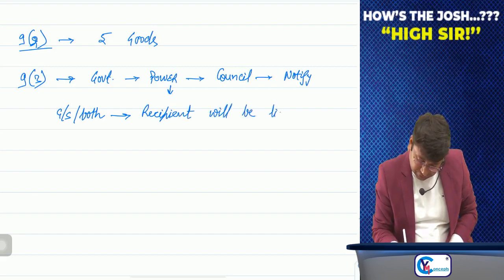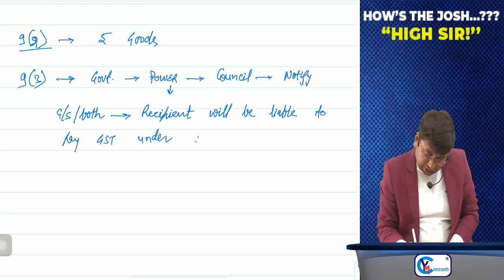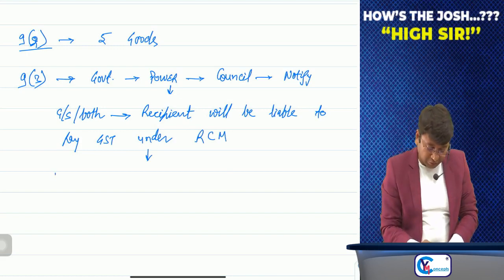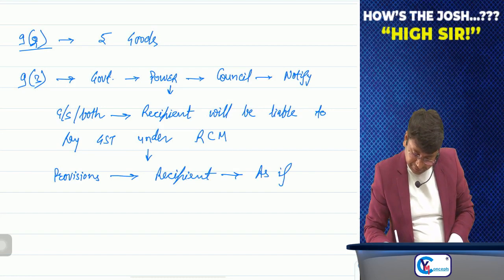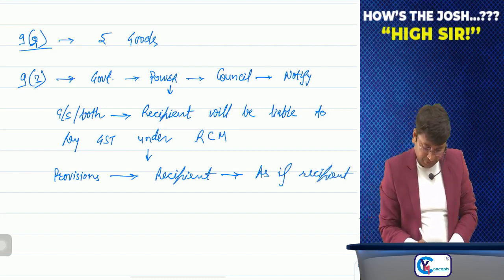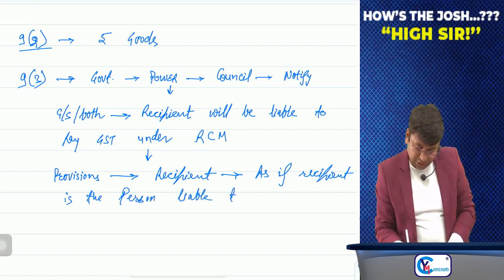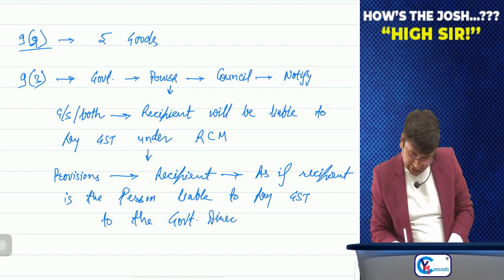recipient will be liable to pay GST under reverse charge mechanism, and all the provisions of the act will apply on recipient as if recipient is the person liable to pay GST to the government directly.